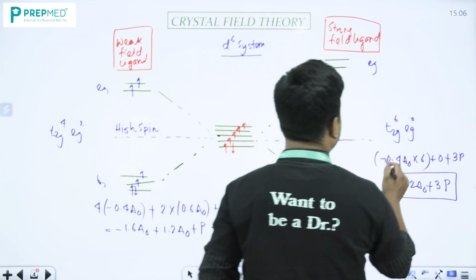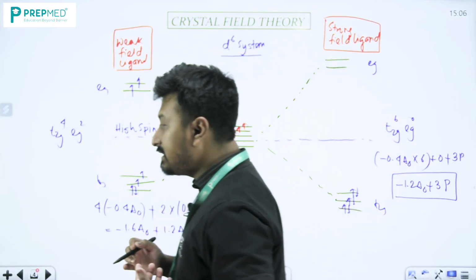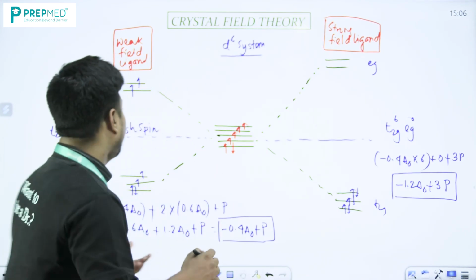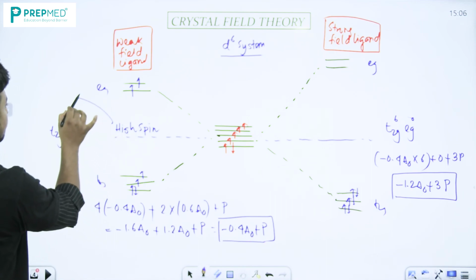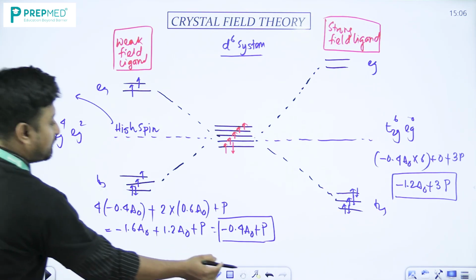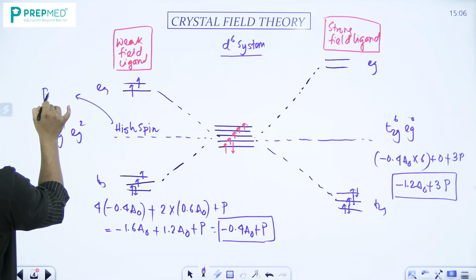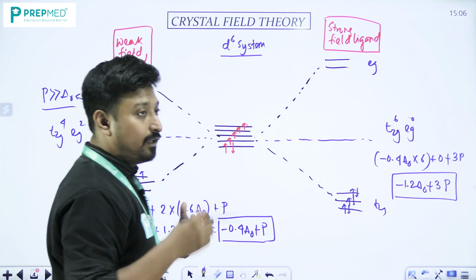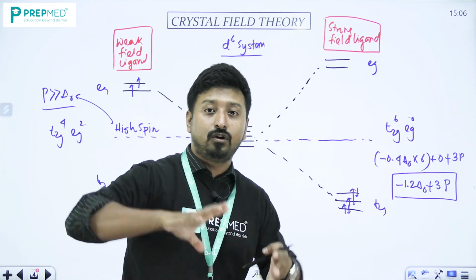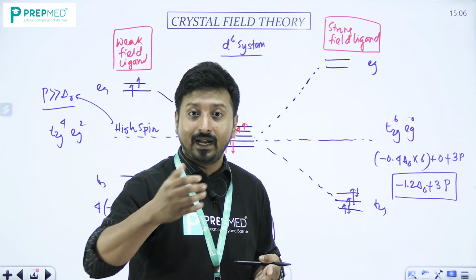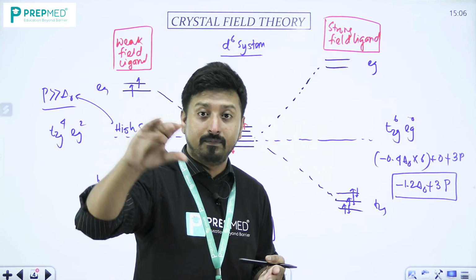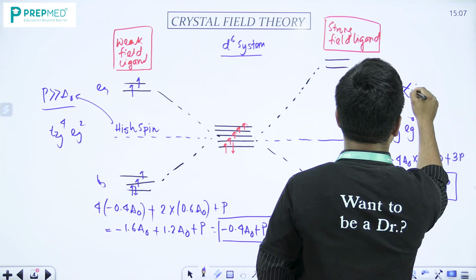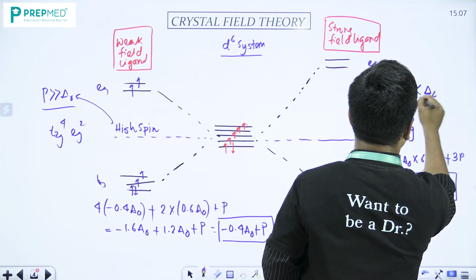So remember one thing, if your pairing energy is higher than delta O, the electrons will not tend to be paired. But in that case your delta O can be minimum. But in this case, remember, your pairing energy will be lower.